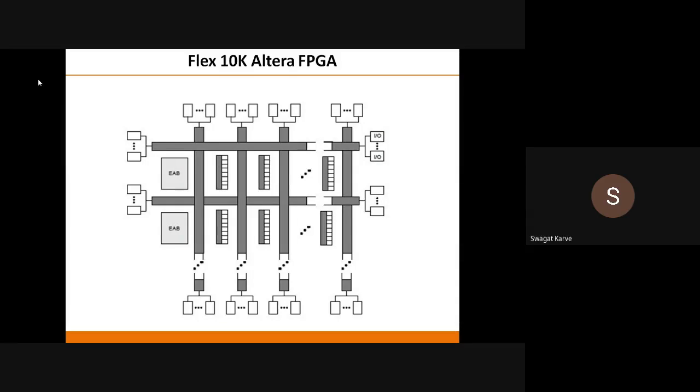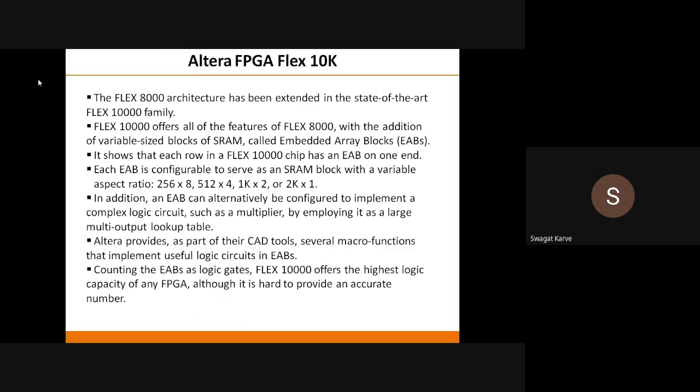So this is the general structure of this Altera Flex 10K FPGA. Now we are going to discuss the specification, or you can say the features, of this Altera 10K FPGA.